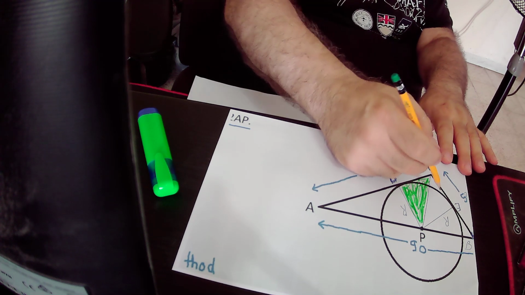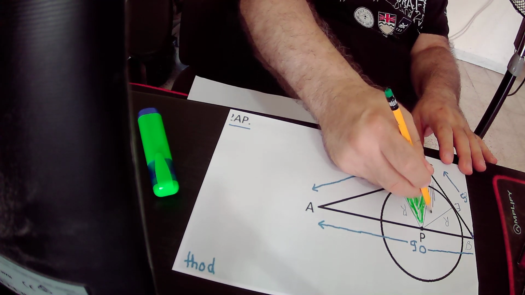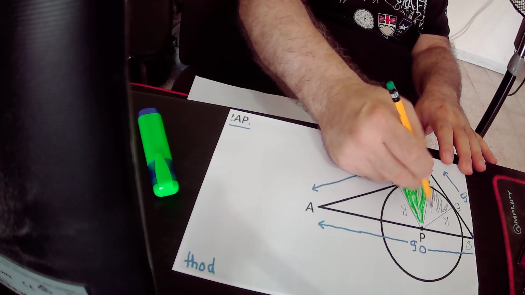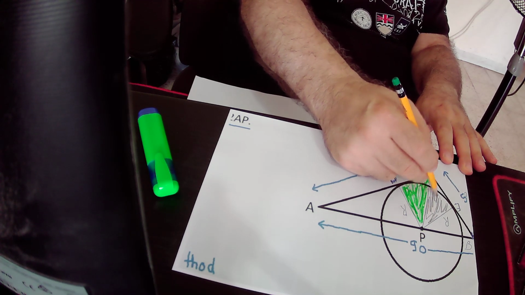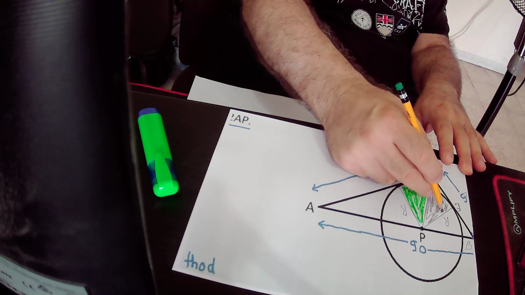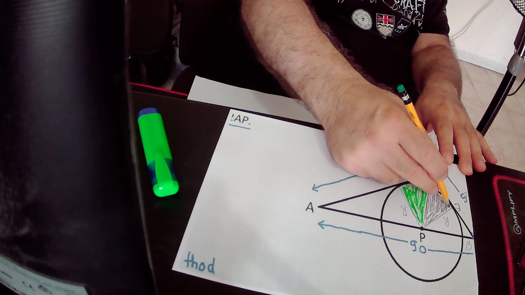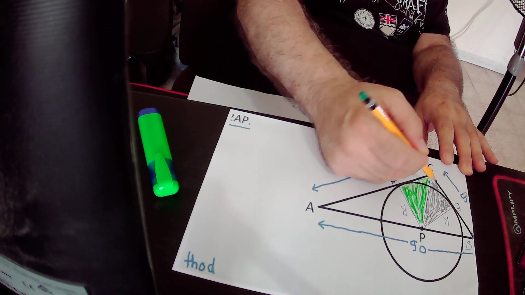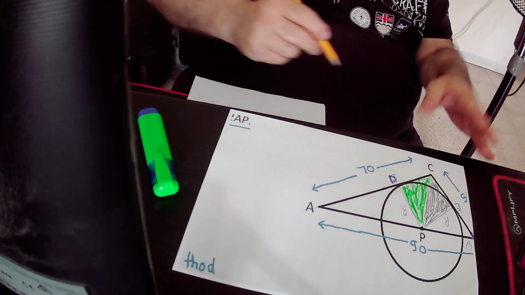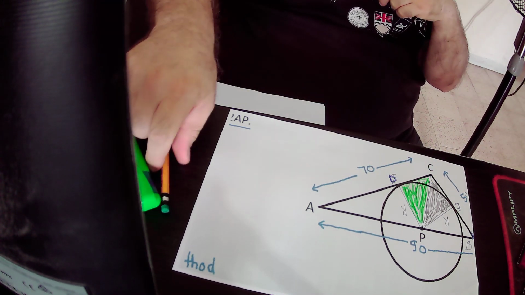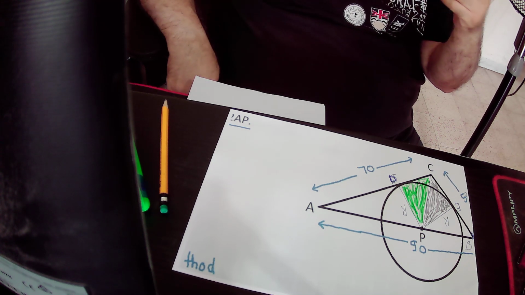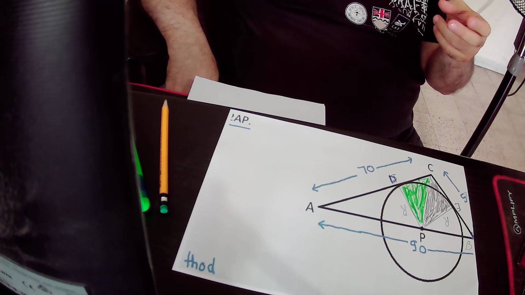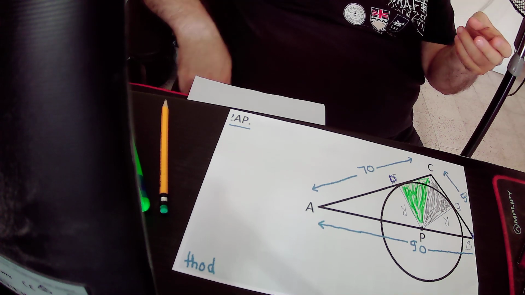I will paint it in black color. Those two triangles have three sides that equal each other.